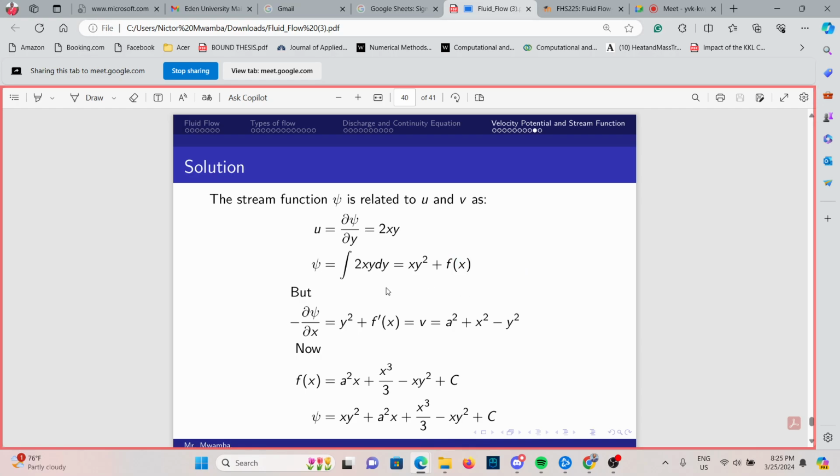But we know that the stream function is also related to the velocity component along y by this relationship.